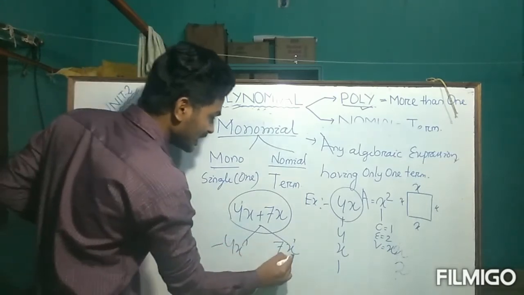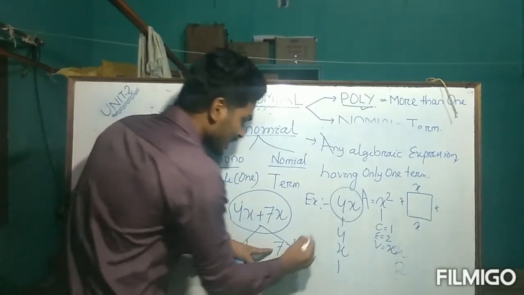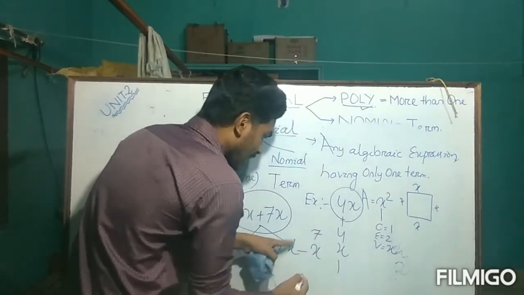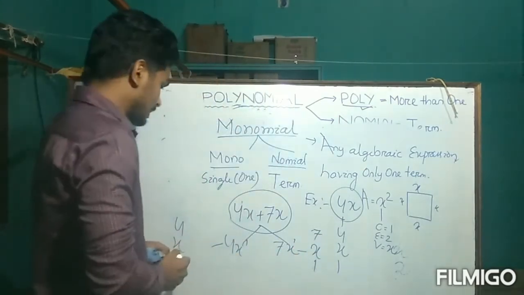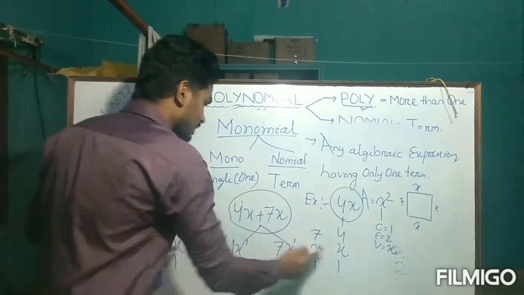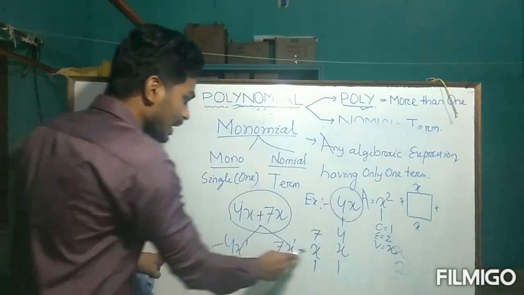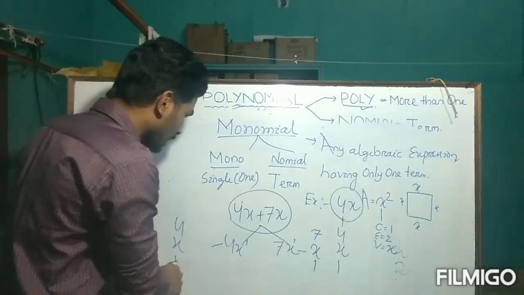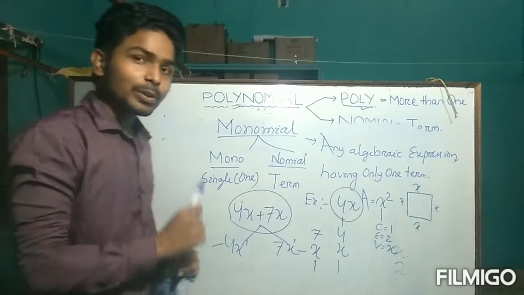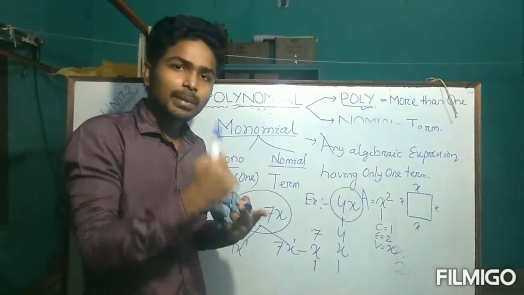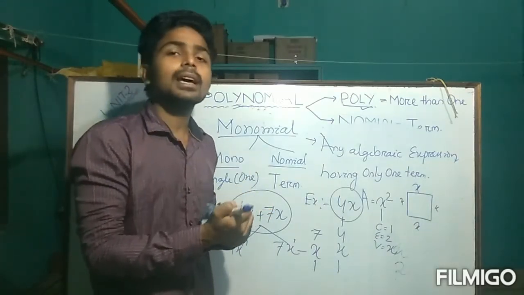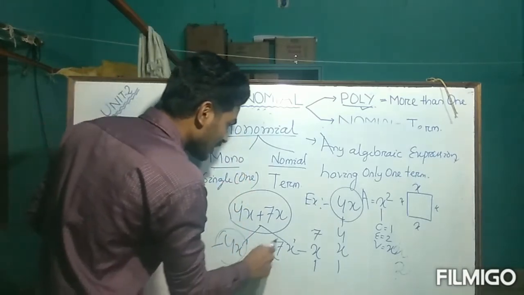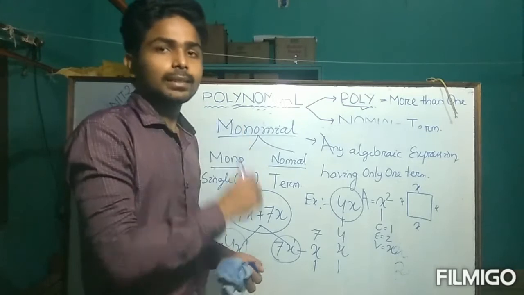And in the other, the coefficient is 7, the variable is x and the exponent is 1. In these two cases we have the same variable x and the same exponent 1. As we know, if two terms have the same variable and the same exponent, they are known as like terms. So 4x and 7x are two like terms.